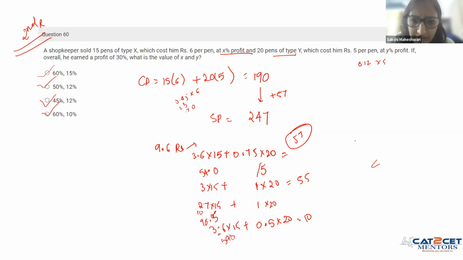Is it 0.75 into 20? Yeah, this is correct. I don't know, check it once. Where is it wrong? 45 and 12. Can't we calculate on CP 90 and CP 100? Yeah, you can calculate. Okay, just check this one. I don't know, some calculation mistake.